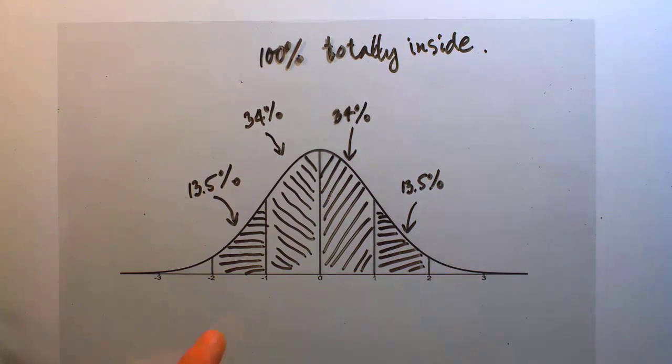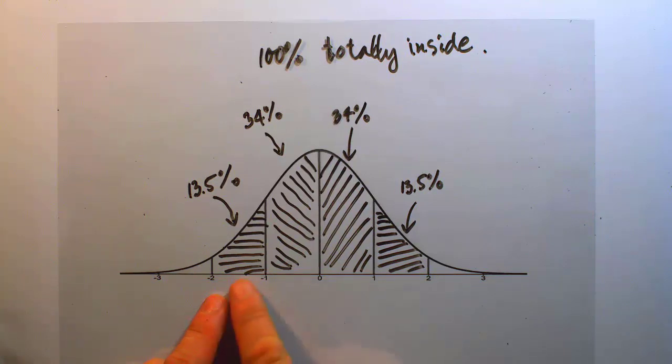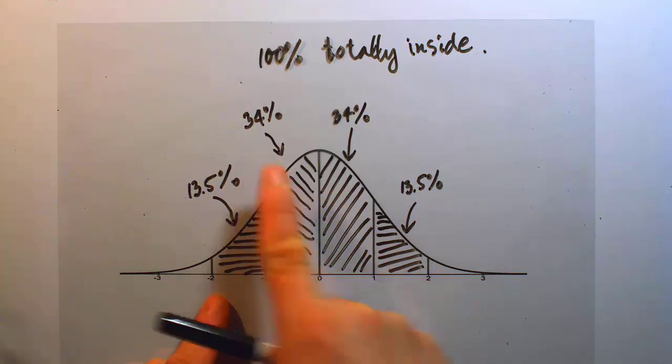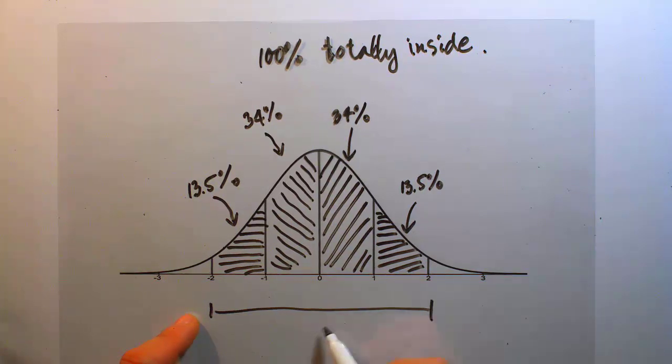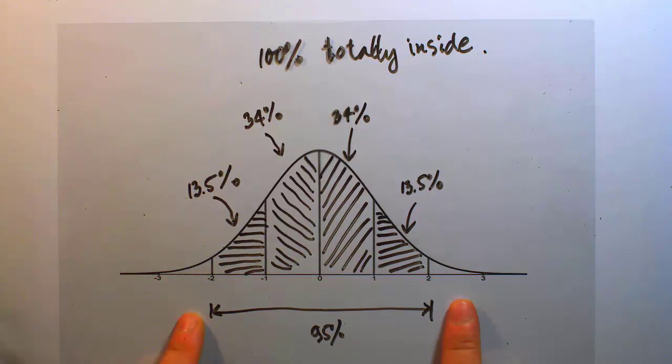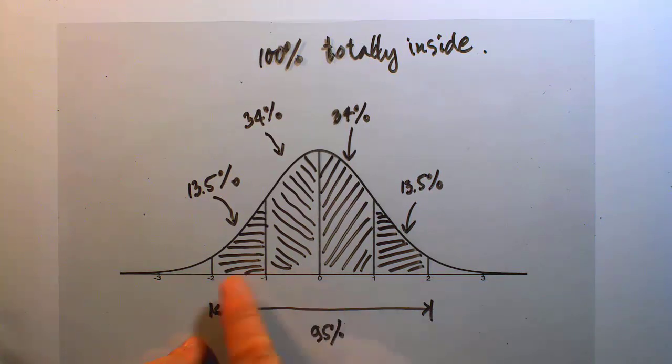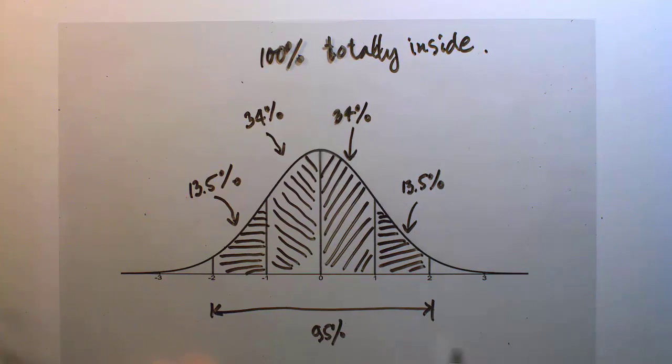If we add up all the little areas being shaded here, the 13.5 plus 34 plus 34 plus 13.5, we do end up with a total from here to here of 95%. And once again, the length I'm indicating here is the length of the interval, but the percentage is how much area is shaded inside of that length. And once again, it agrees with the empirical rule.